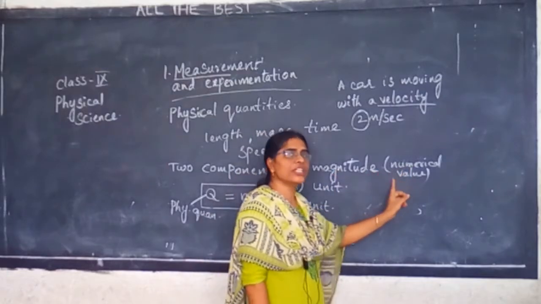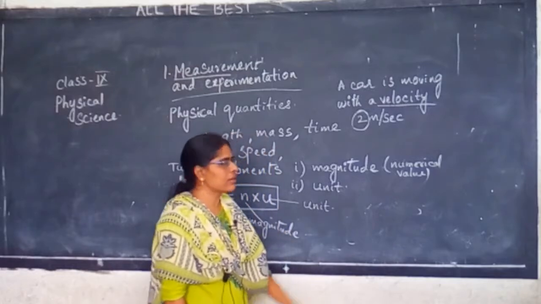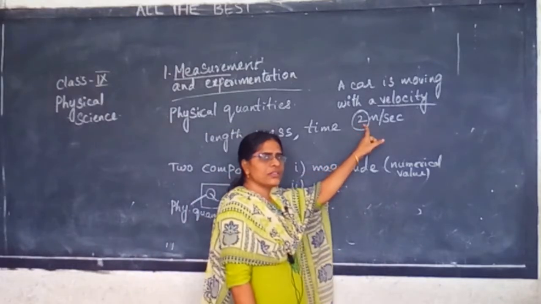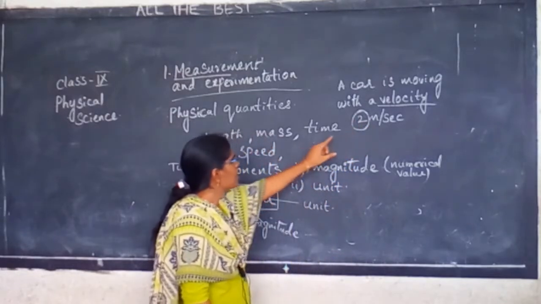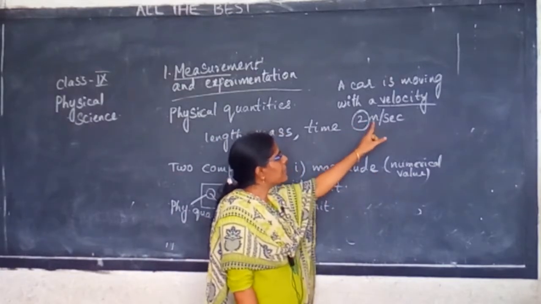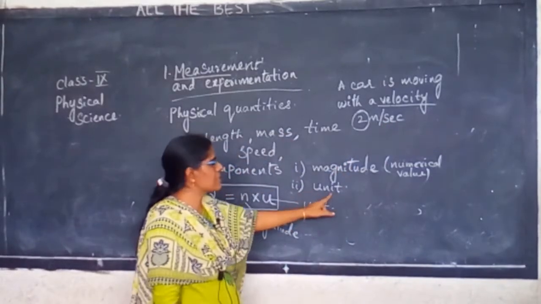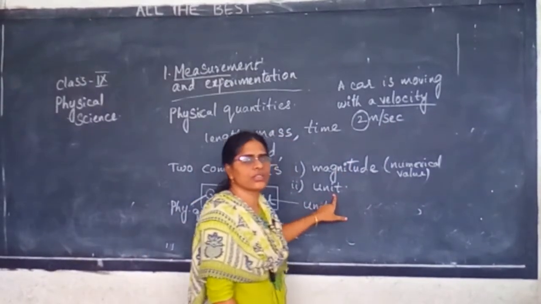Magnitude means a numerical value, and a numerical value means a number. Is 2 a number? Yes. Hence 2 indicates the magnitude. Meter per second indicates the unit.